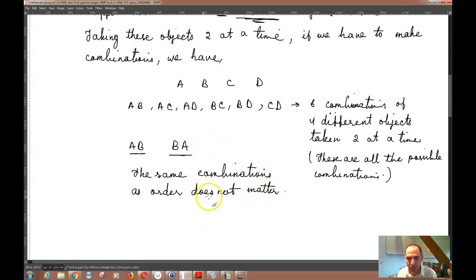Meaning that order would not alter the combination.